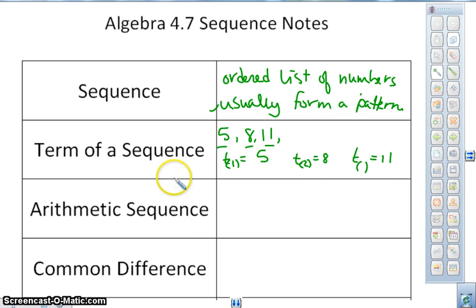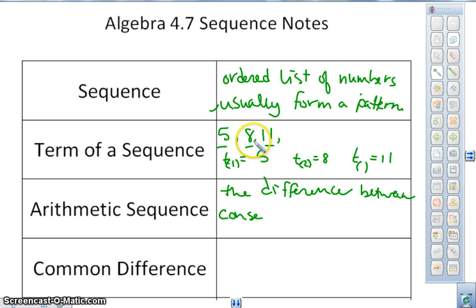Well, arithmetic sequence, when we talk about that, it's the difference between consecutive terms. What are consecutive? 5 and 8 are consecutive. 8 and 11 are consecutive.